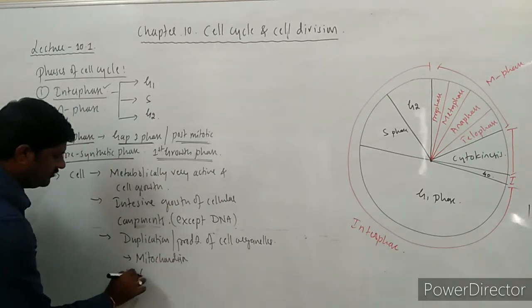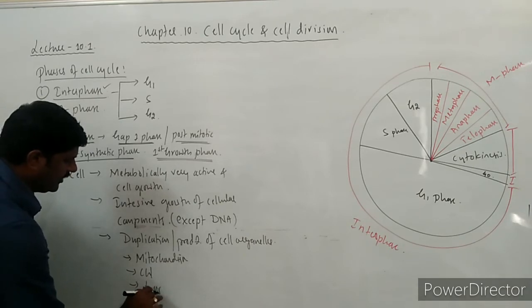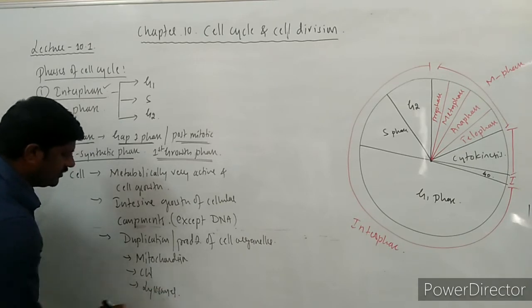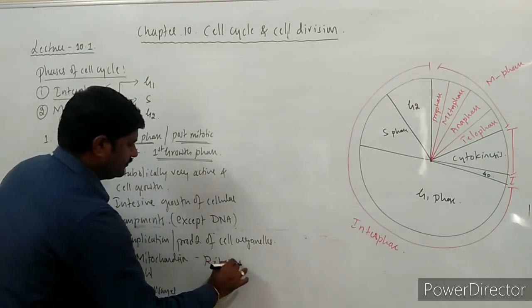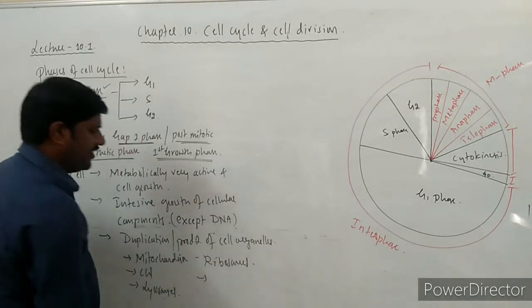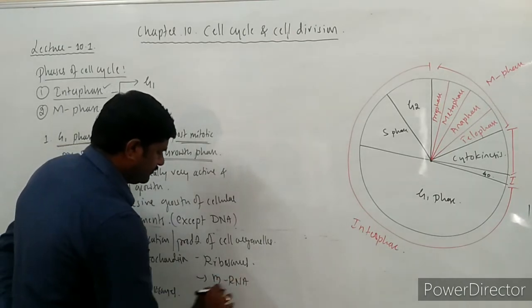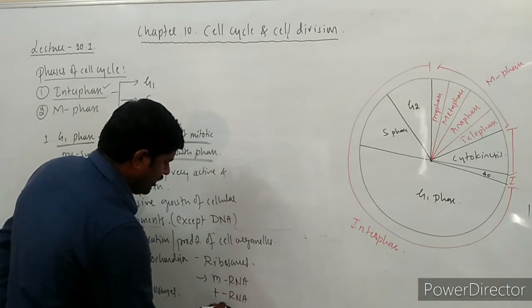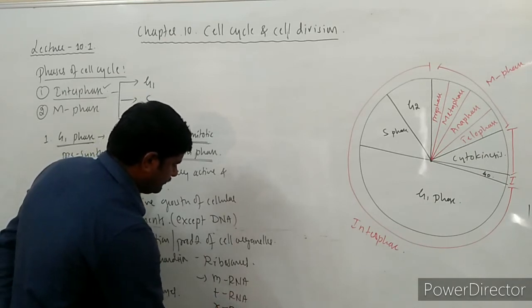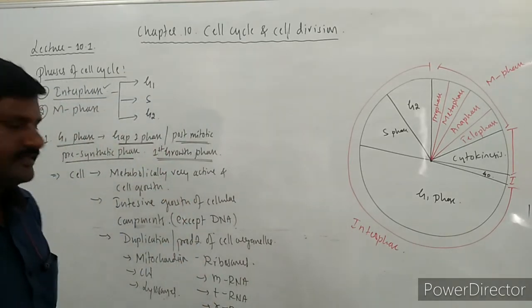Mitochondria is there, chloroplast is there, lysosomes are there, right? So there the ribosomes, and apart from this one, mRNA, tRNA, rRNA, all these are also taking place simultaneously.